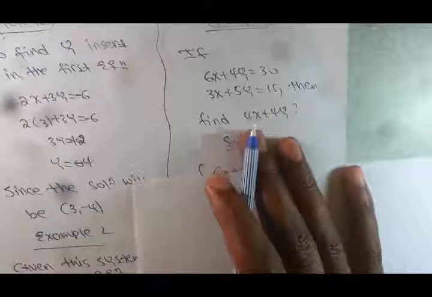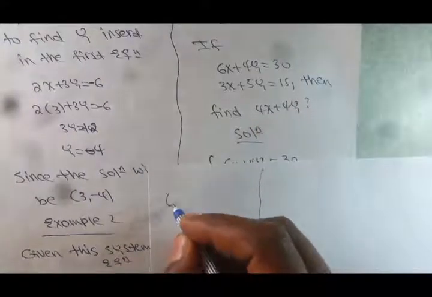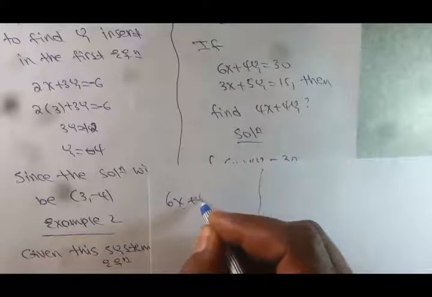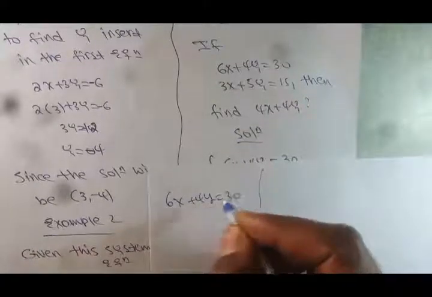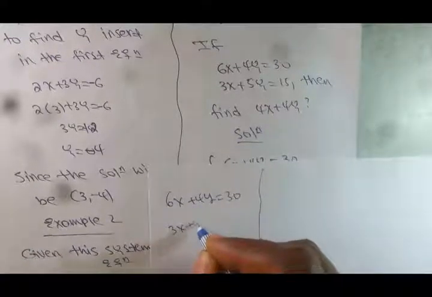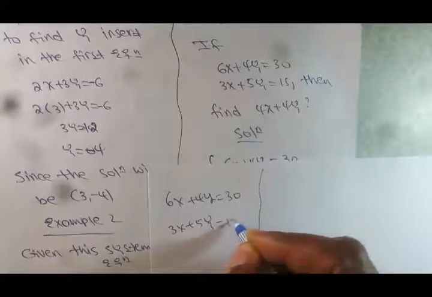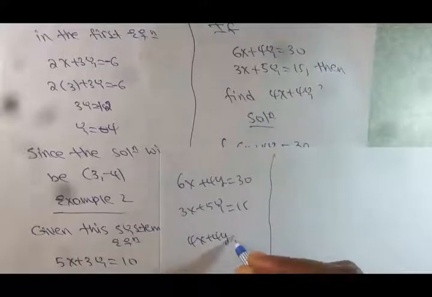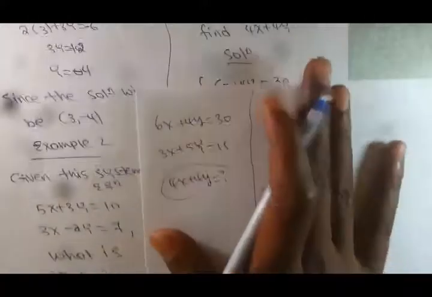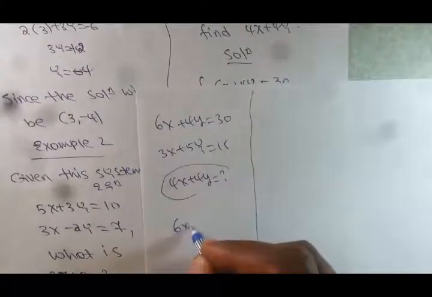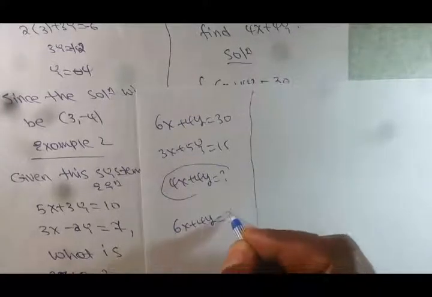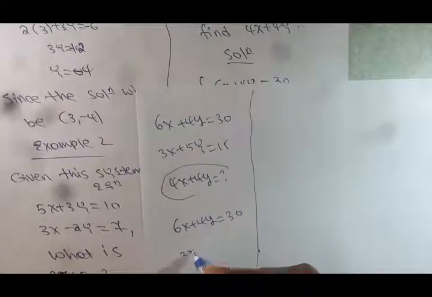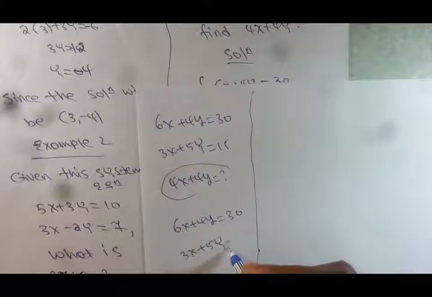Example 1 says that you are given a system of equations, 6x plus 4y is equal to 13 and 3x plus 5y is equal to 15, and you are asked to find 4x plus 4y. This is the required thing. Therefore you are given 6x plus 4y is equal to 30 and 3x plus 5y is equal to 15.